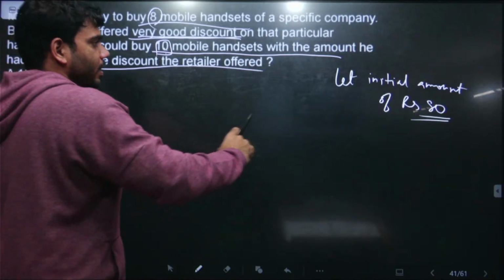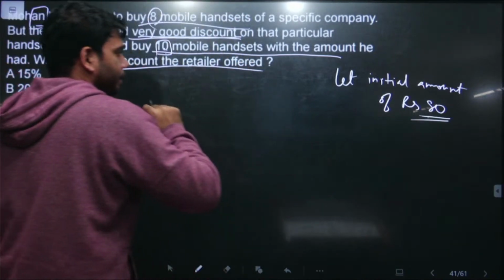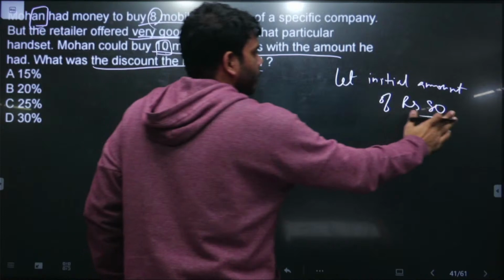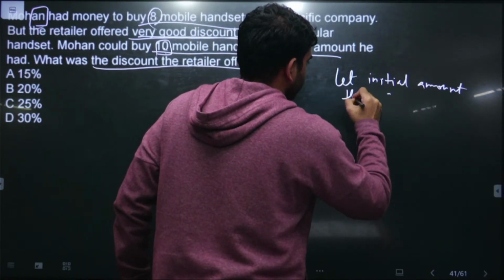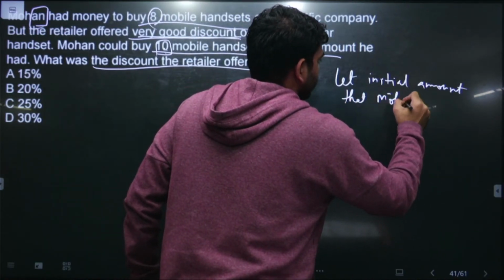So हमने imagine करना है कि initial cost is rupees 80. Initial amount that Mohan is having, clearly लिख लेते हैं.